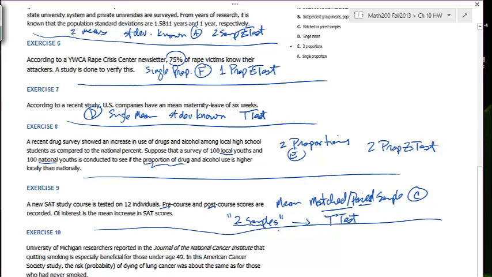And it looks like they're studying people who smoke versus people who never smoked. And so this looks like it's going to be a 2 proportion test. So this is choice E, and in a calculator you would do a 2 prop Z test.